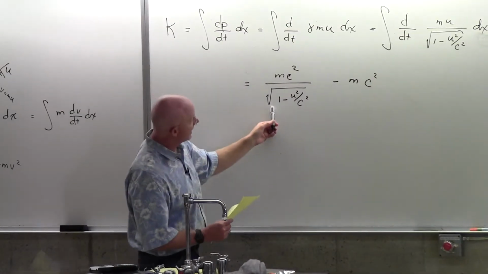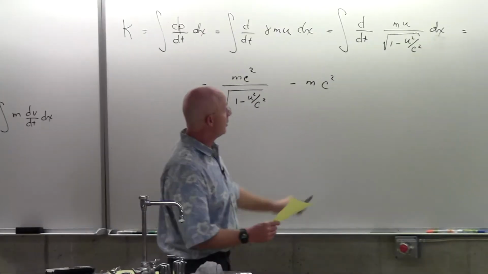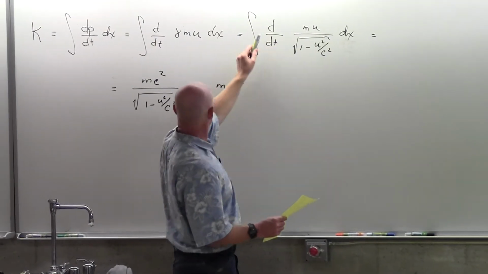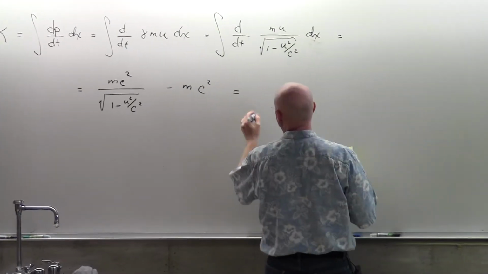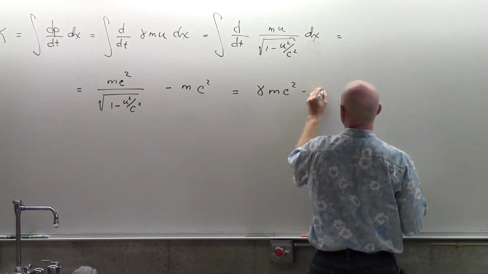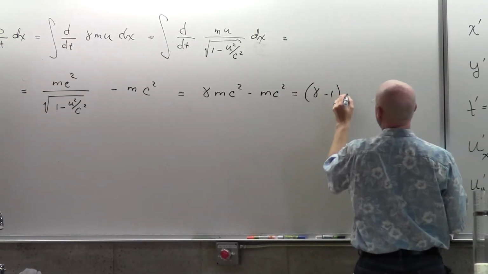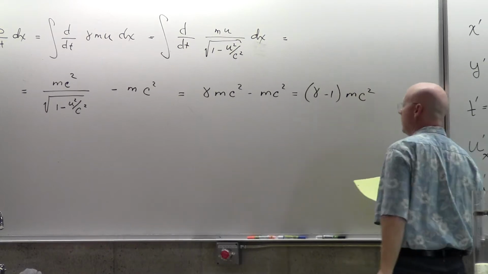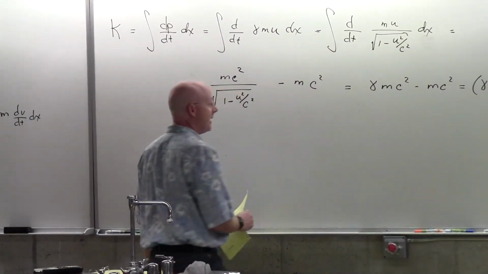Which you might recognize as our gamma factor, not a surprise. After we first take the derivative of it and then integrate it, we get back to the same power. We like to write it then as gamma mc squared minus mc squared, which is gamma minus 1 times mc squared. And so there's our kinetic energy.